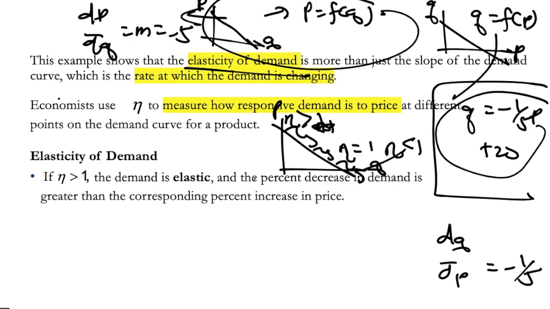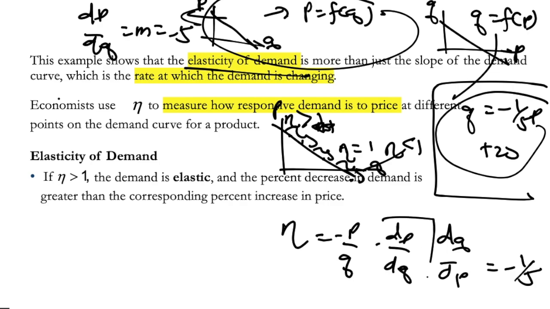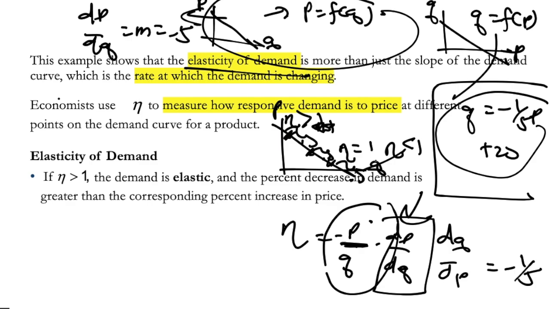Because in elasticity, different points of price and quantity will affect the formula of elasticity. This one is the slope, which is always the same. But P over Q always changes because it depends on which point along the demand curve you are talking about.